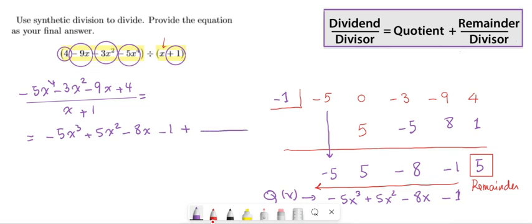On top, the numerator is the remainder, and on the bottom is the divisor, which is x plus 1. So this is one way to express it.